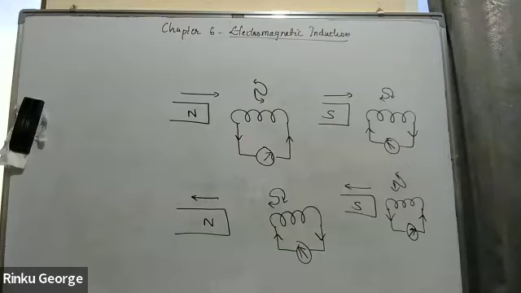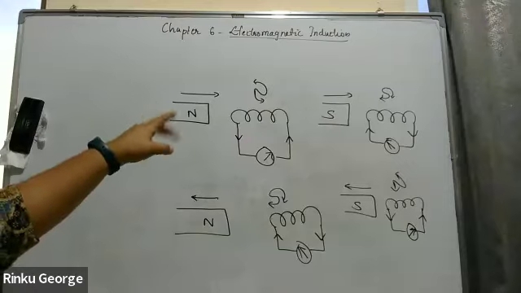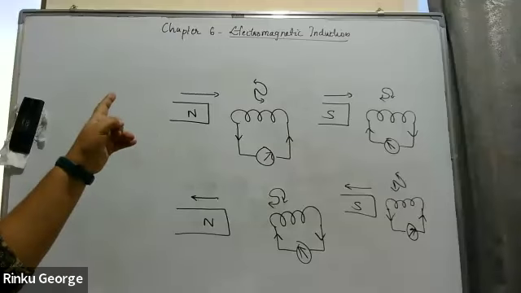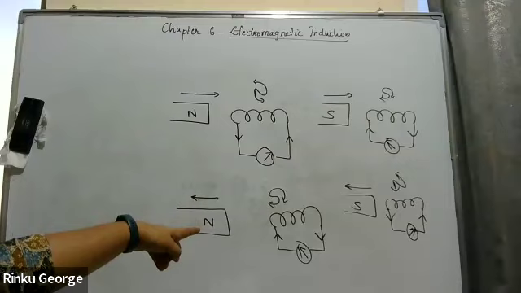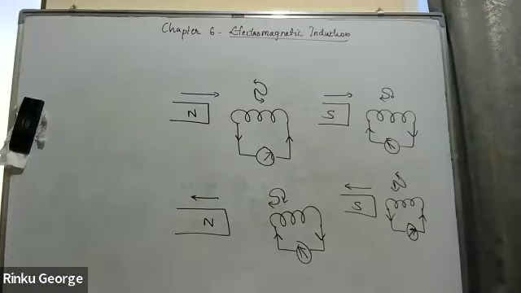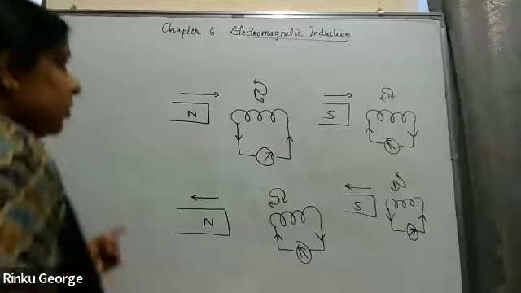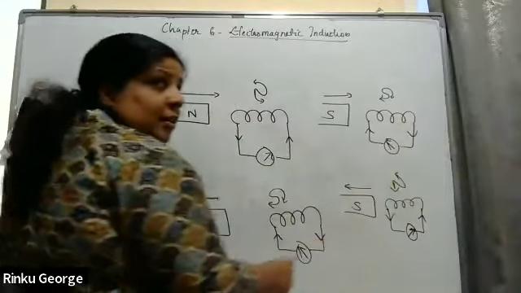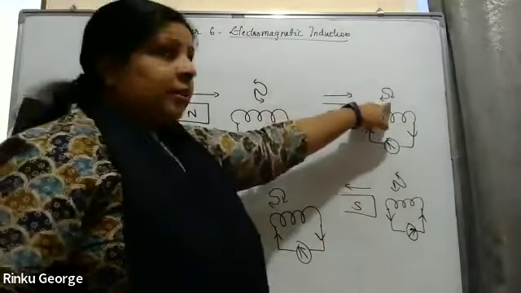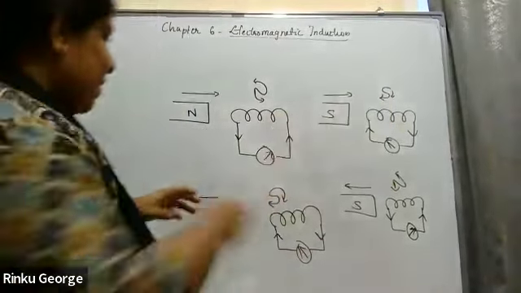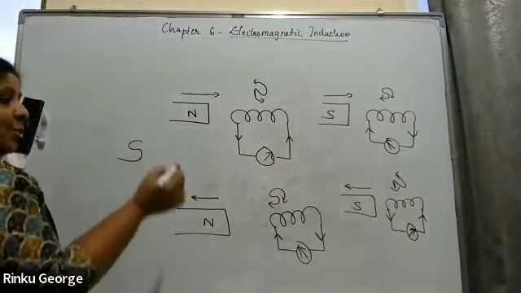The anti-clockwise and clockwise symbols are like open, right? They're not like closed cycles. I just wrote north means it will be anti-clockwise, just to help you understand.